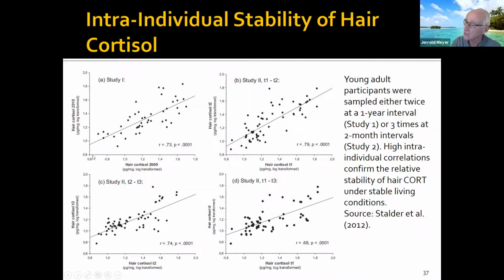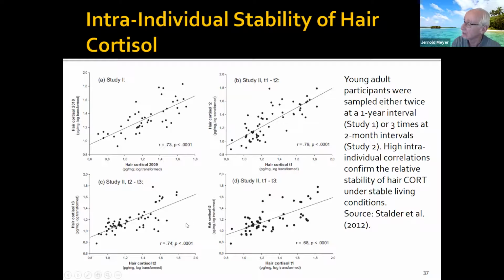So interestingly, it doesn't go through 0. So something overall was changing from one time point to the other, but to whatever extent there might have been a change, it occurred to the same extent so that the 2 were well correlated. And then study 2 is just a little different kind of experimental approach, but it showed the same thing.